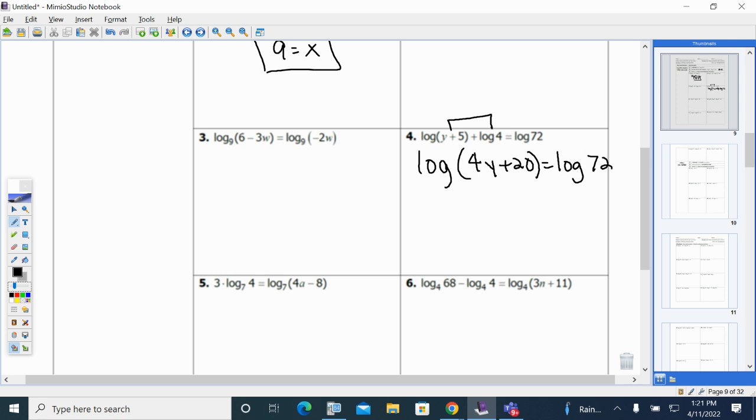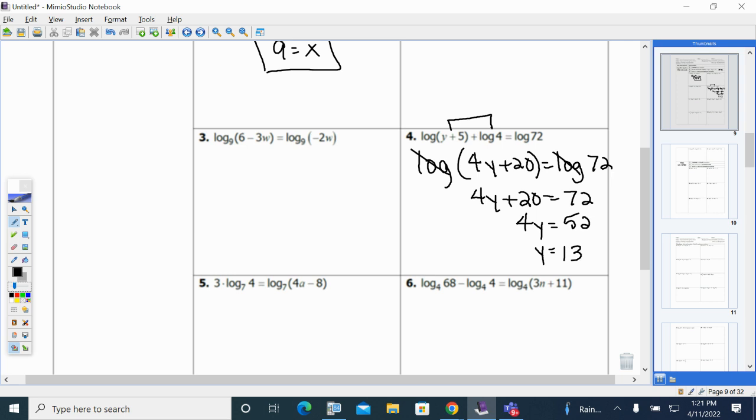And again, now that we have 1 log on both sides, we're just going to get rid of the logs and solve our equation. So I've got 4y plus 20 is equal to 72. Subtract your 20, and we get 52, and then divide by 4, and y equals 13.